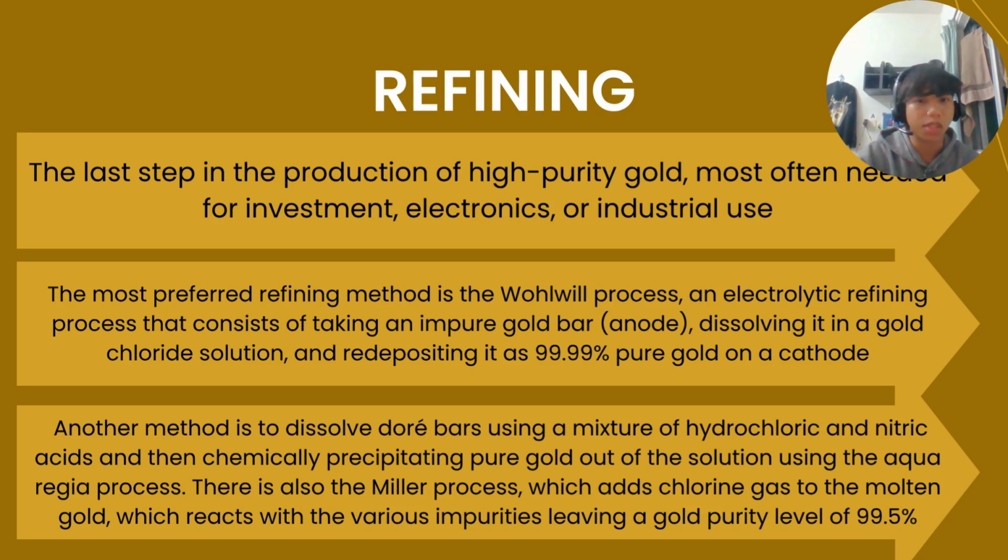Another method is to dissolve those bars using a mixture of hydrochloric and nitric acids, and then chemically precipitating pure gold out of the solution using the aqua regia process. There is also the Miller process, which adds chlorine gas to the molten gold, which reacts with the various impurities, leaving a gold purity level of 99.5%.